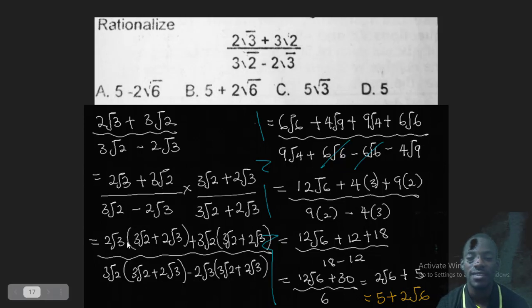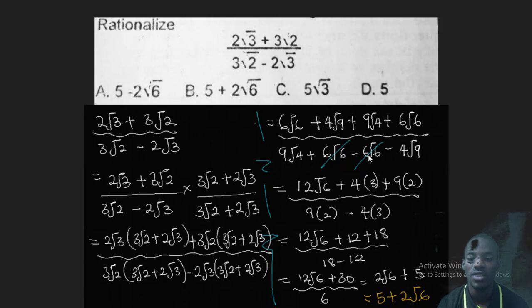That will give me 2 times 3 is 6, √3 times √2 is √6, plus 2 times 2 is 4, √3 times √3 is √9, plus 3 times 3 is 9, √2 times √2 is √4, plus 3 times 2 is 6, √2 times √3 is √6. Divided by 3 times 3 is 9, √2 times √2 is √4, plus 3 times 2 is 6, √2 times √3 is √6.